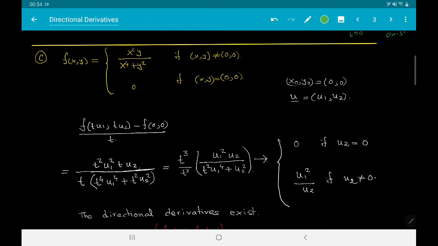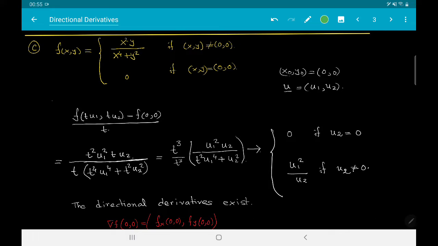So we look at another function which we had seen to be not continuous. The function is given by f(x, y) equals x square times y divided by x to the power 4 plus y square if (x, y) is not equal to (0, 0), and 0 if (x, y) is equal to (0, 0).